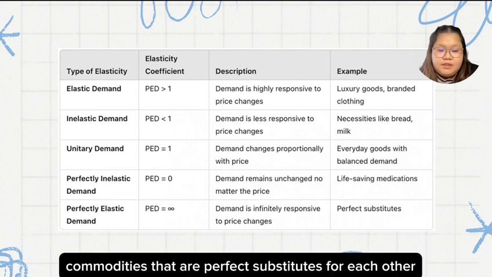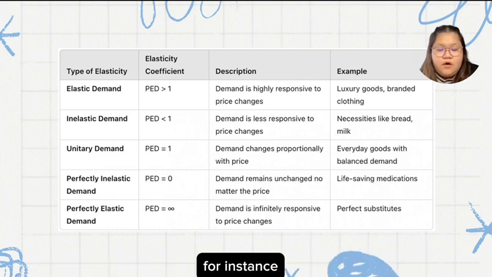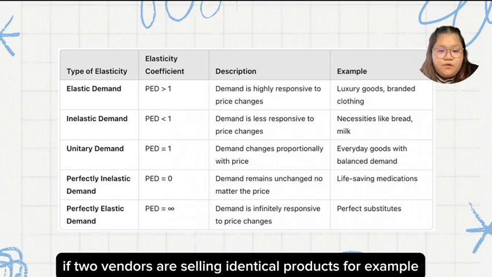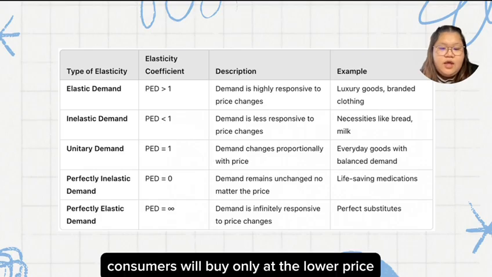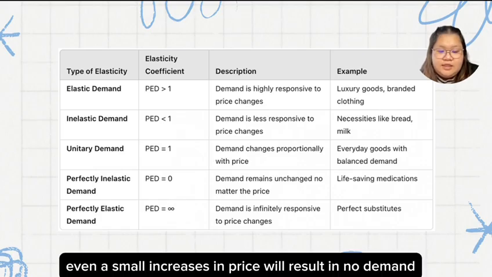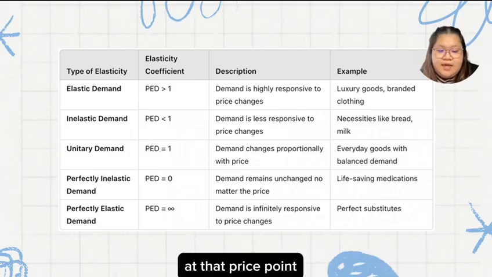So for example, commodities that are perfect substitutes for each other. For instance, if two vendors are selling identical products, for example, maybe a specific brand of bottled water, consumers will buy only at the lower price. Even a small increase in price will result in no demand at that price point.